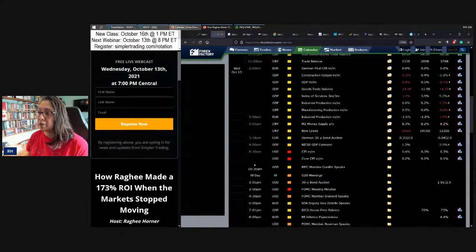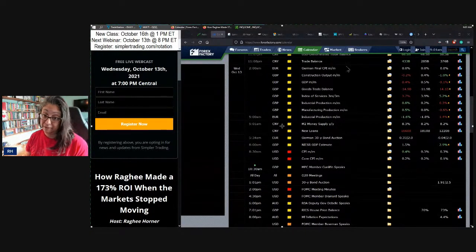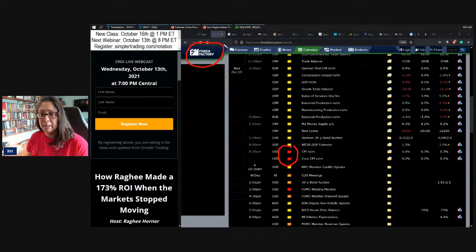So this is where I always recommend making sure you're keenly aware of the calendar, definitely the calendar. And then making sure you're queuing in on these red, and this is Forex Factory, by the way. This is free. I'm not even logged in. So a great way to look at the calendar each morning.